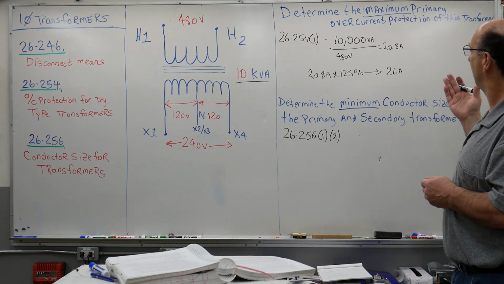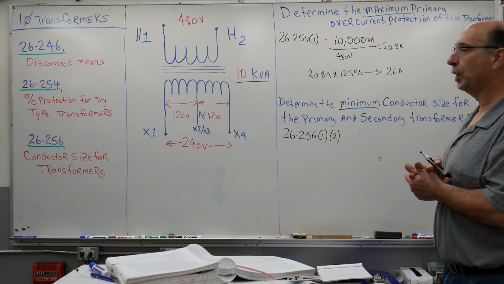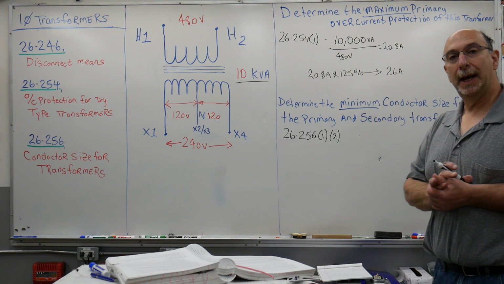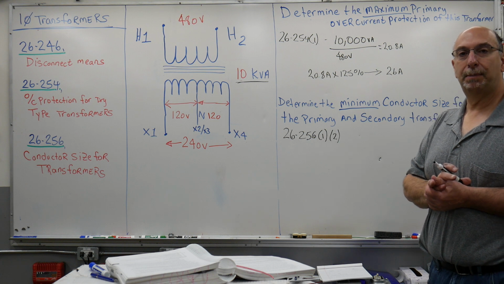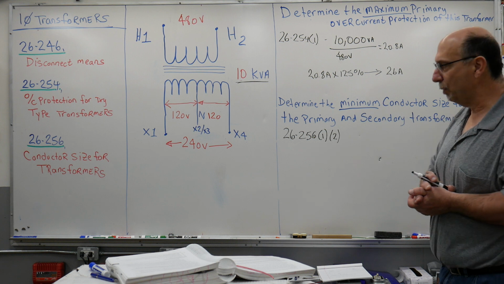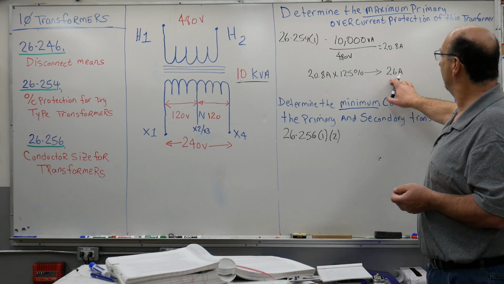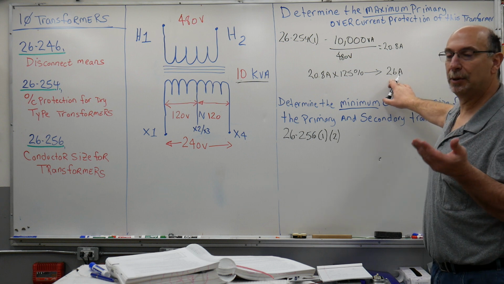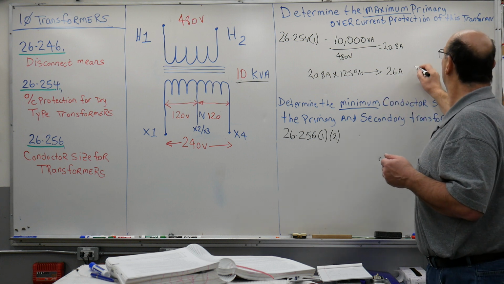Now, that is our maximum overcurrent protection that we can put on that transformer. Do they actually make a 26 amp fuse or overcurrent device? The answer is no, they do not. So, in accordance with Sub-Rule 1, you would then have to reduce this down to 25 amps.